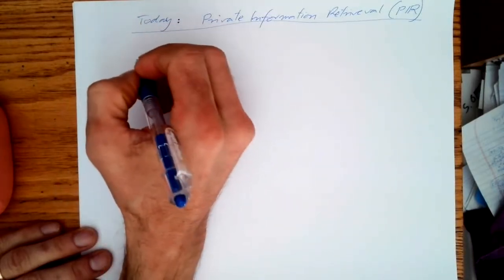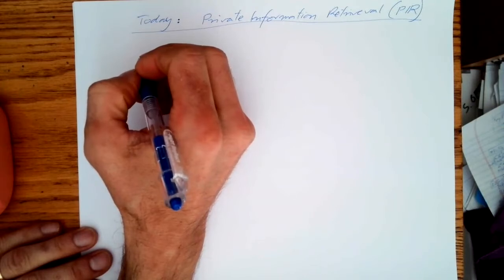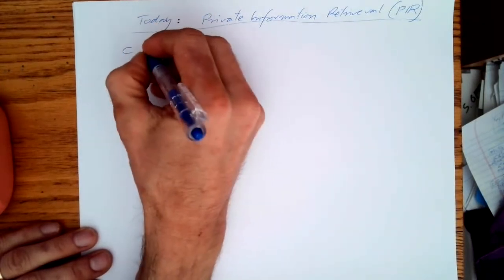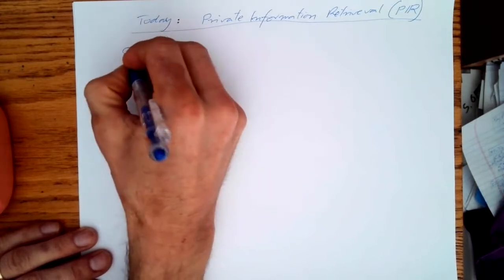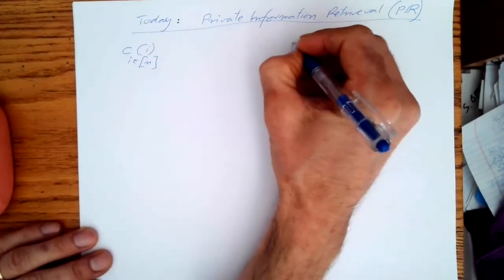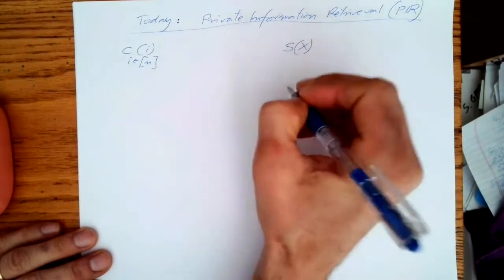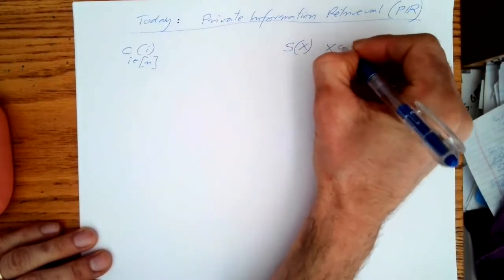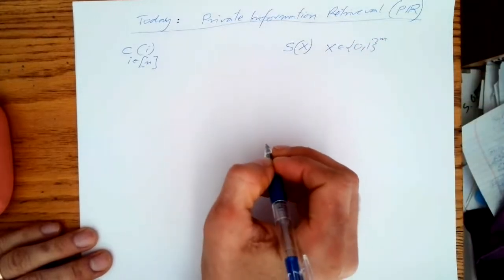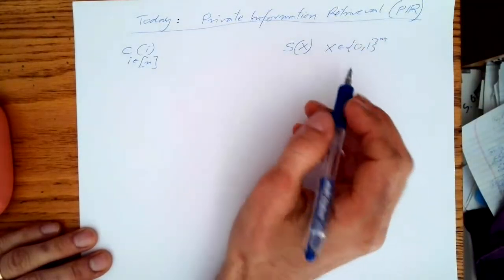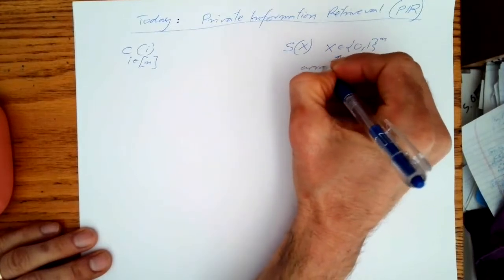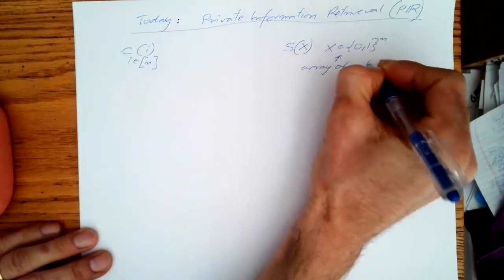Here's the private information retrieval problem. The client has an index between 1 and n, and the server has an array, which in the simplest setting is a bit array, so an array of n bits.